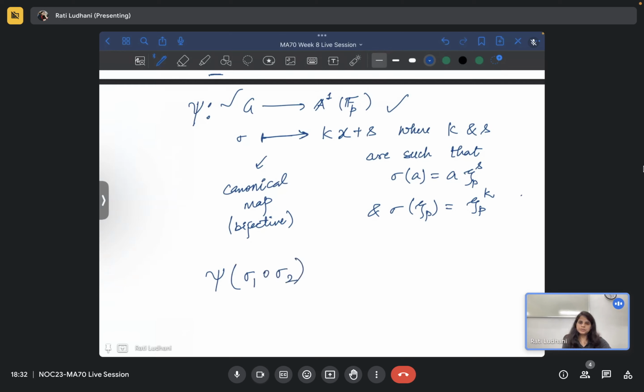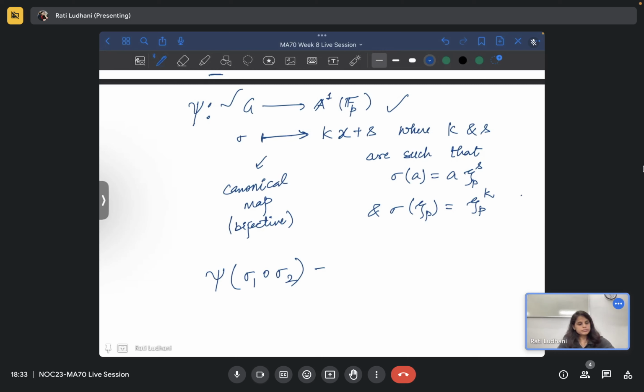This automorphism group is a function group, so we have composition as the operation. What is sigma 1 of sigma 2?